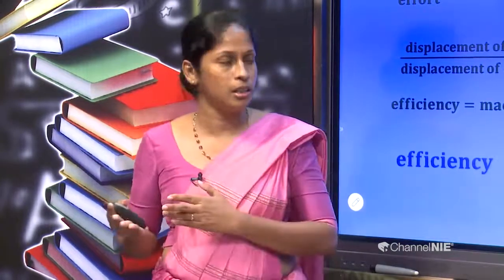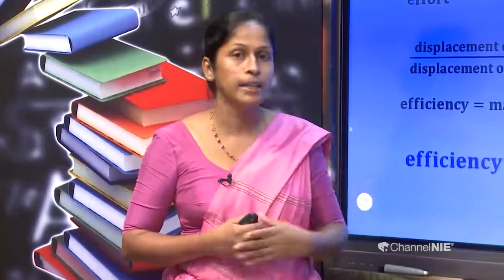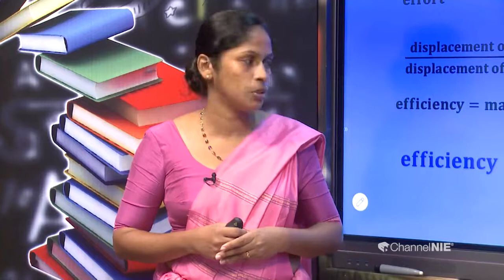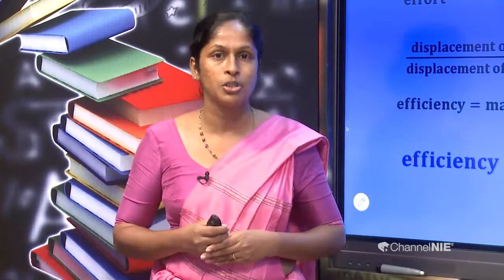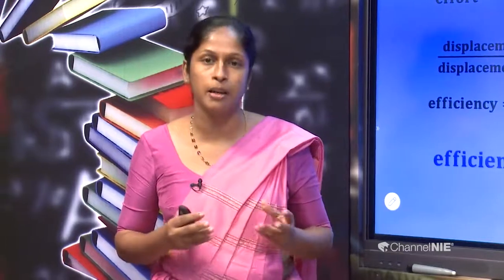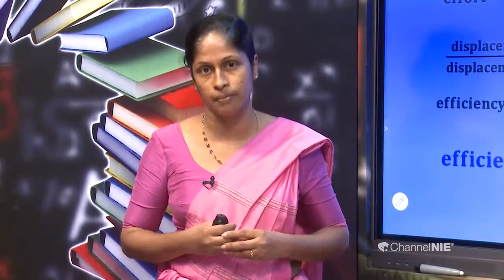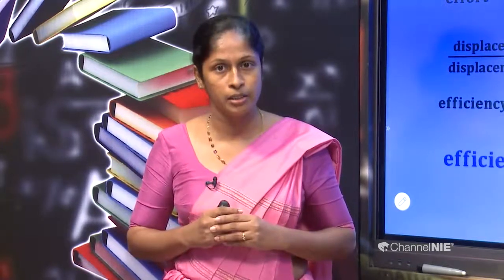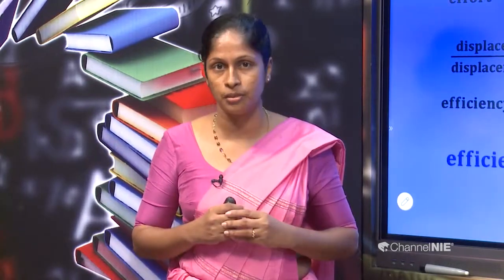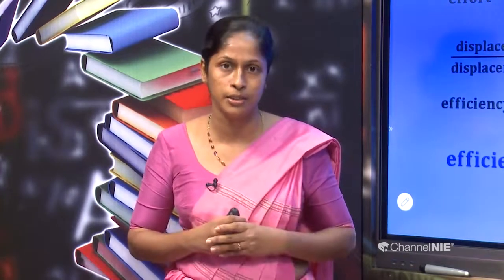In another way, efficiency can be calculated by mechanical advantage divided by velocity ratio into 100. So, children, remember both equations can be used to calculate efficiency of the machine, but you should decide which one should be used according to the given details.